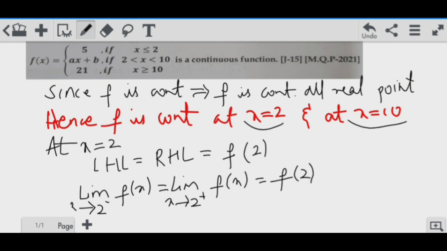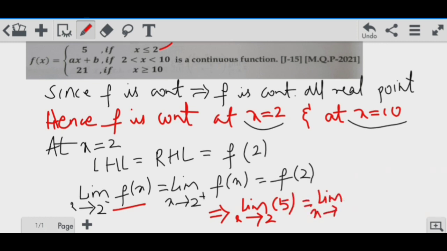So while calculating LHL, that is limit of f of x as x tends to 2 minus, 2 minus means less than 2 branch. So in that case you have to take the first branch, that is f of x is equal to 5. So you will get limit of f of x as x tends to 2 minus is a constant function, that is 5. This is equal to limit as x tends to 2 plus. 2 plus means greater than 2 branch.